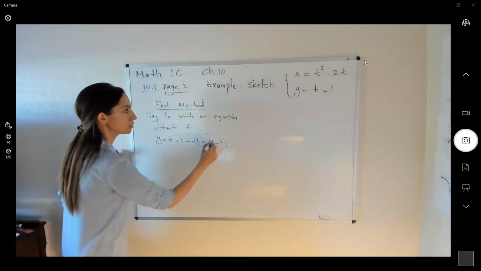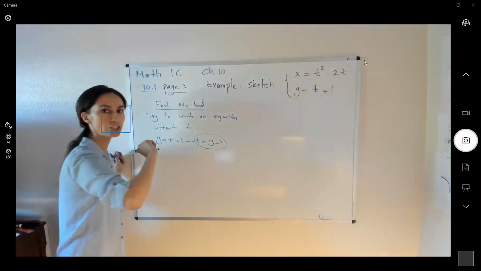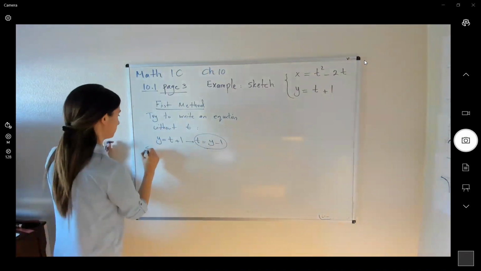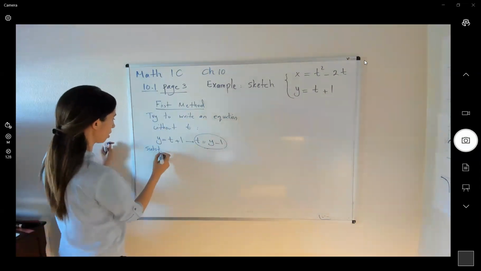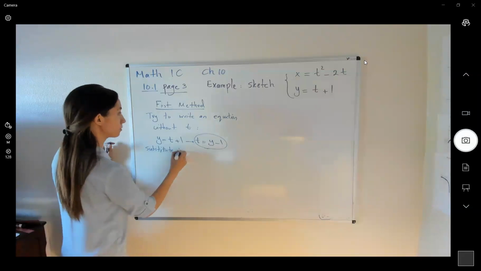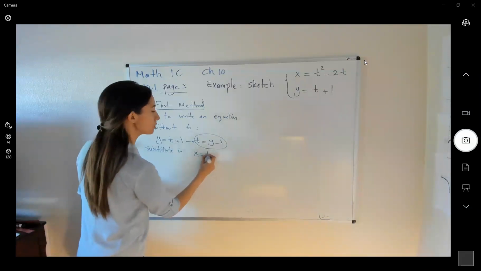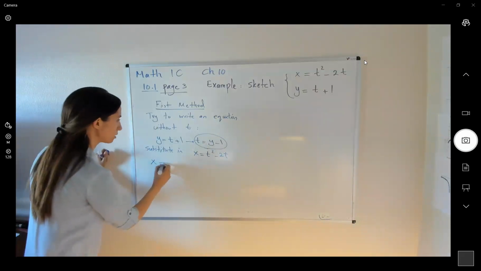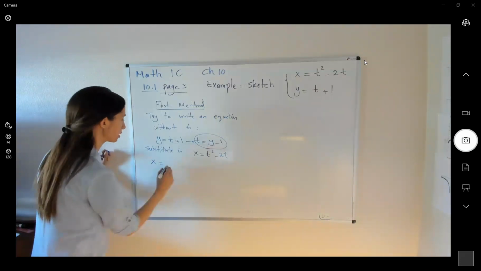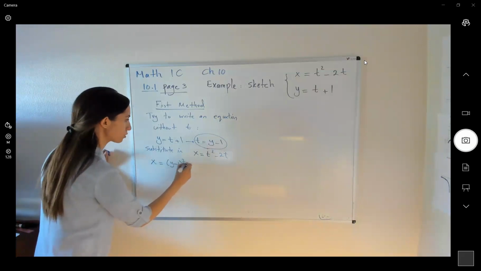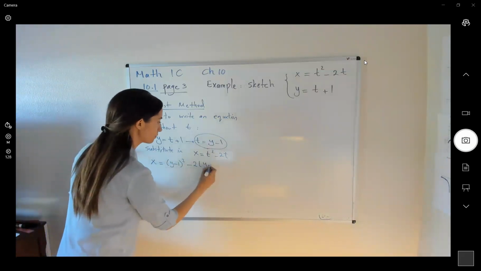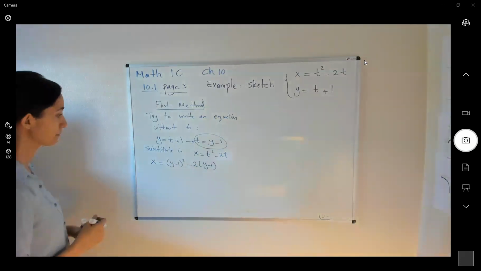Substitute this t in the first equation, then apply algebraic method to simplify. Substitute in x equals t squared minus 2t. My x is equal to y minus 1, squared, minus 2 times y minus 1. There you go.